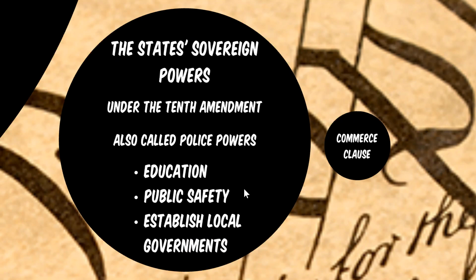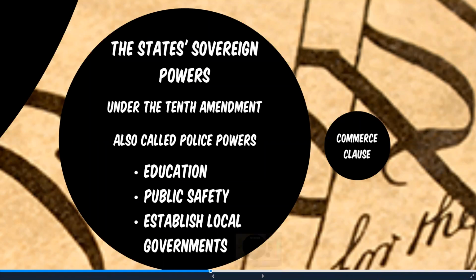But the federal government is not supposed to have those powers. However, as I went into briefly before, in the Constitution is the Commerce Clause. And I guarantee you that this is not why the forefathers created the Commerce Clause. They created it out of necessity because states have to interact financially with each other.